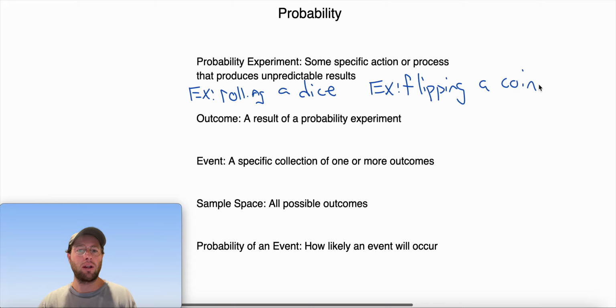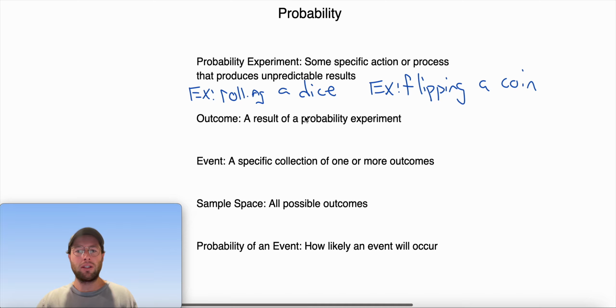In the case of rolling a dice, the rolling would be the action or process, and the unpredictable results would be rolling a 1, 2, 3, 4, 5, or 6. In the case of flipping a coin, the action would be flipping the coin, and the unpredictable results would be either getting a heads or a tails.